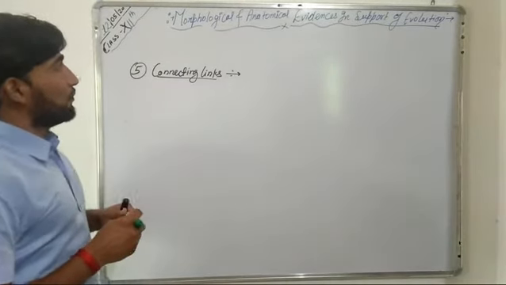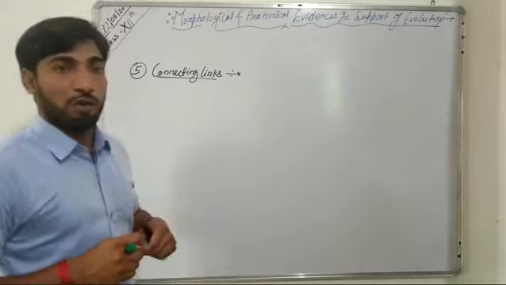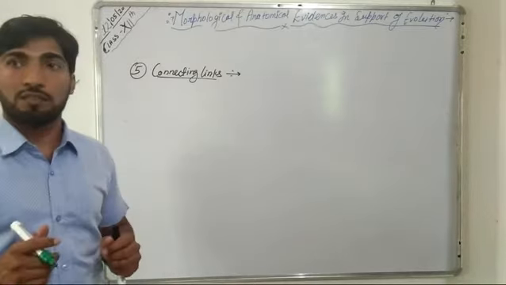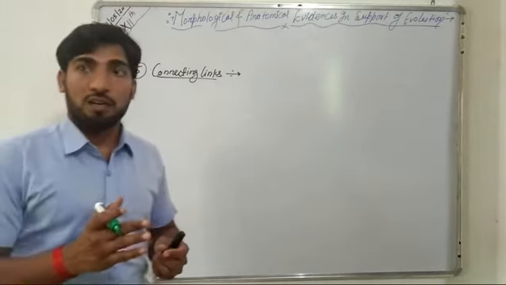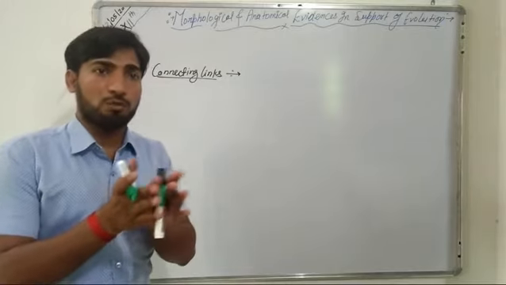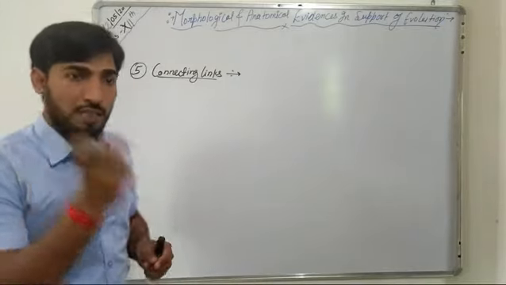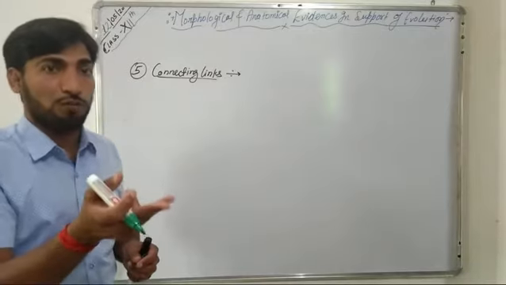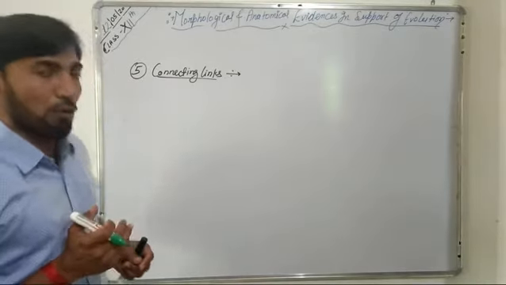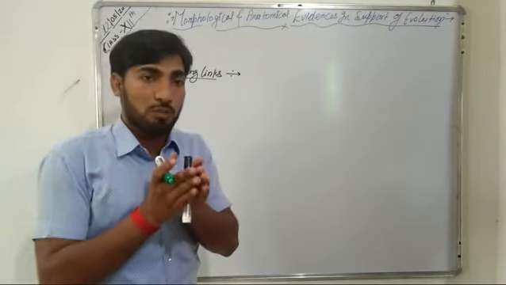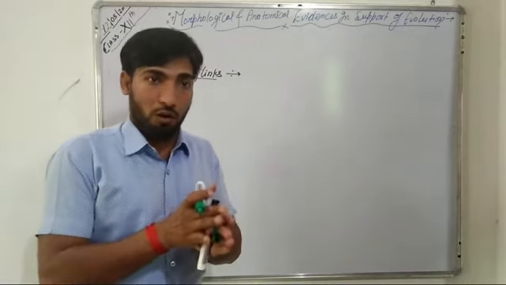Now the fifth type of evidence for evolution is known as connecting links. These connecting links are usually organisms which share the characteristics of two different organisms. So they are responsible for connecting two different organisms.